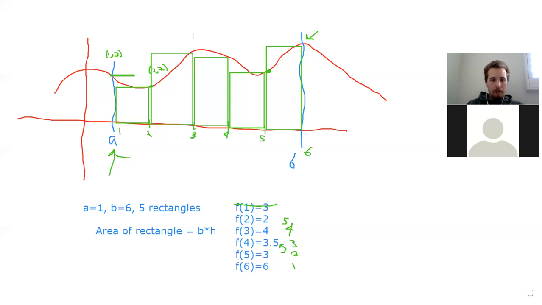That would be the first one. The second rectangle from the leftmost point would be here, because we're taking the rectangle from the leftmost corner from the curve. But because we're doing the rectangles from the rightmost point, you actually go to the right portion of the curve, and you can make this rectangle here.